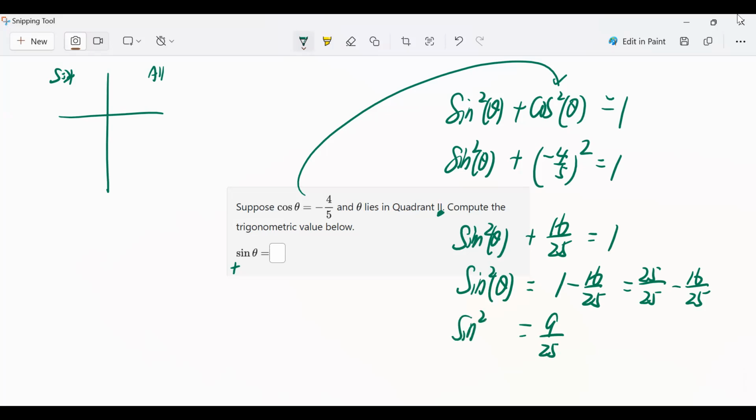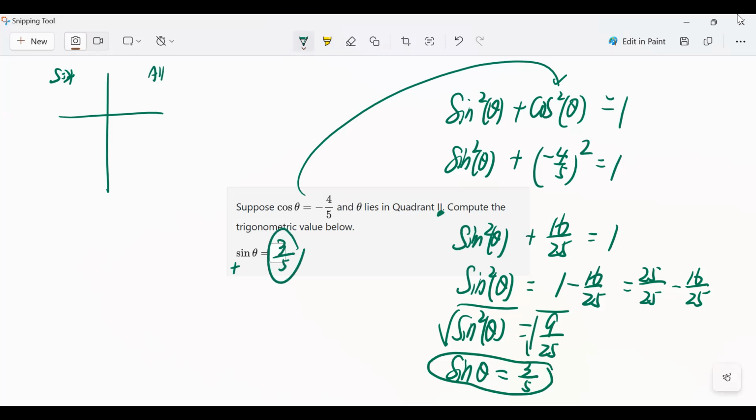So sine theta squared is that, and we take the square root, only keeping the positive answer. So it's the square root of 9 over 25, 3/5. So the answer is 3/5. Supposedly there are two answers, but because of the constraint, quadrant number 2, only one answer satisfies all conditions. So the answer is 3/5.